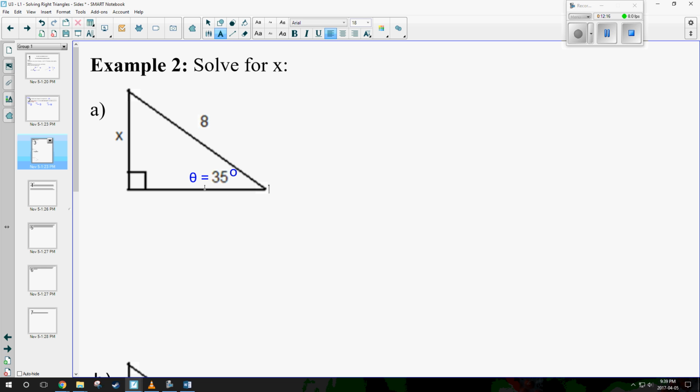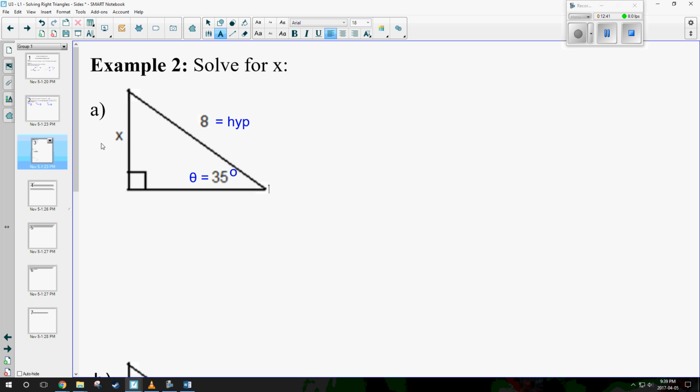And angles always show up inside the triangle. Now let's look at this side here. Because this is the longest side and it's a side that's across from the 90-degree angle, that means that the value of 8 is our hypotenuse.